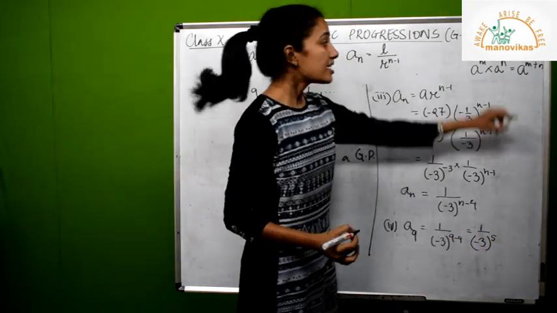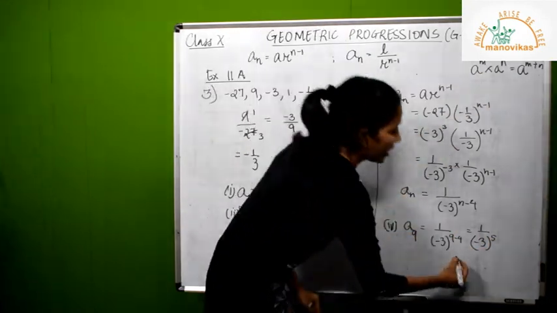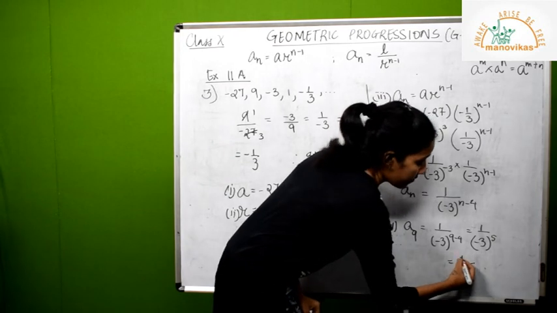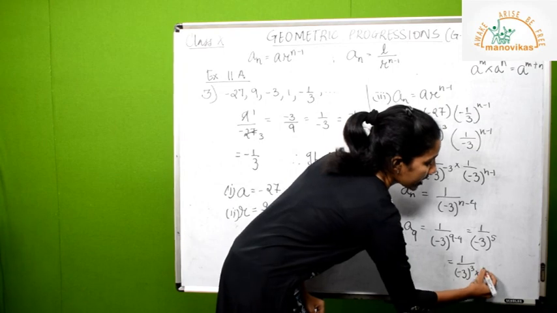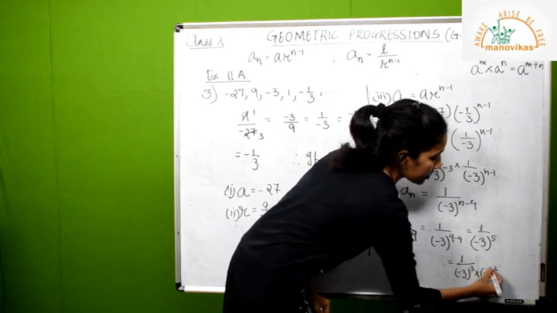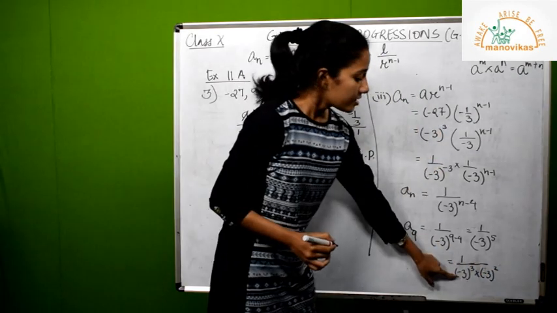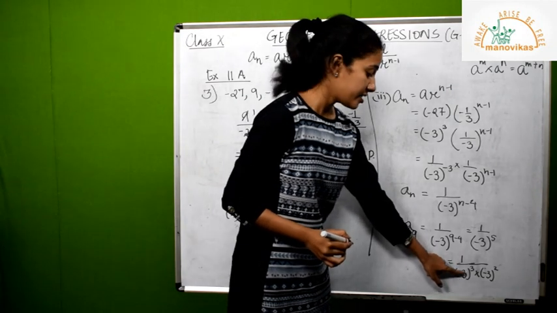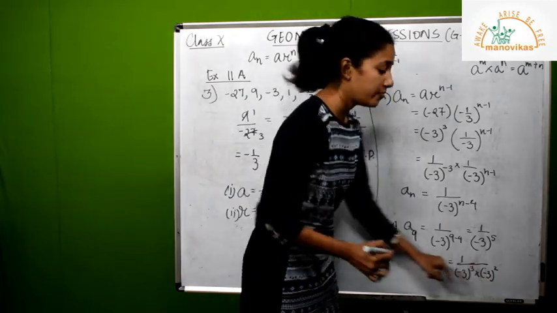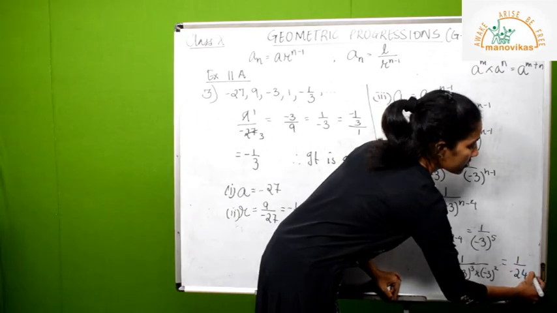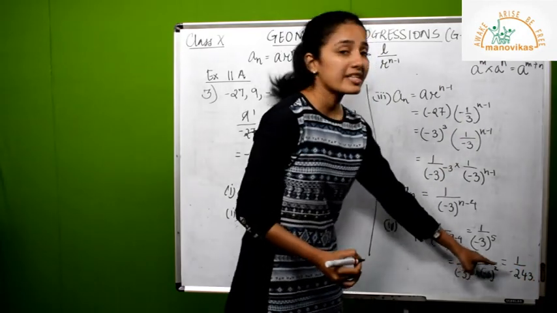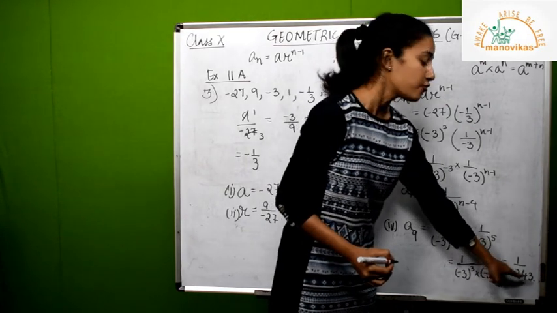This you can use again the same law, and you will have it as 1 divided by minus 3 raised to cube multiplied by minus 3 square. This is negative 27 into 9, which is 1 upon minus 243, which is the same as negative 1 upon 243.